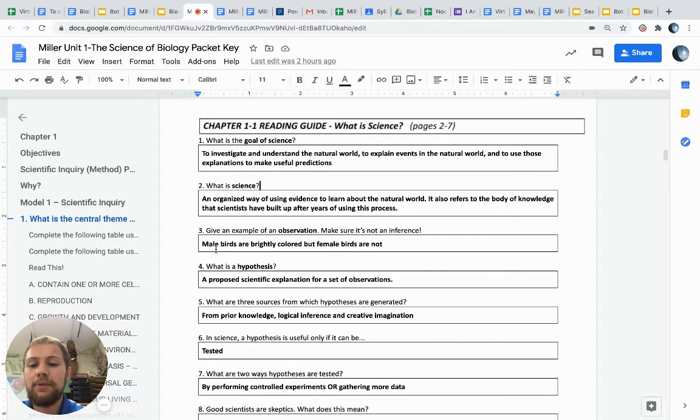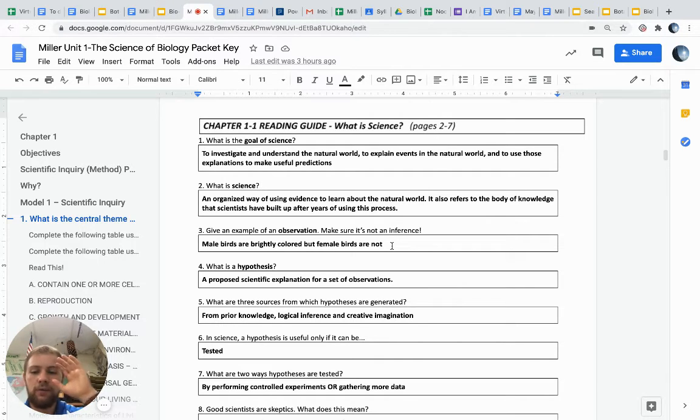So my example is male birds are brightly colored, but female birds are not. If I were to make an inference here, I might say male birds are brightly colored due to essentially wanting to attract mates, which is a correct explanation. But an observation alone does not factor in any of that judgment or evidence.